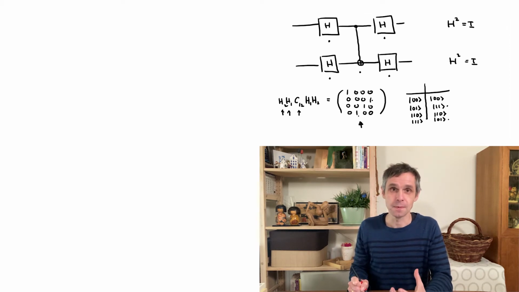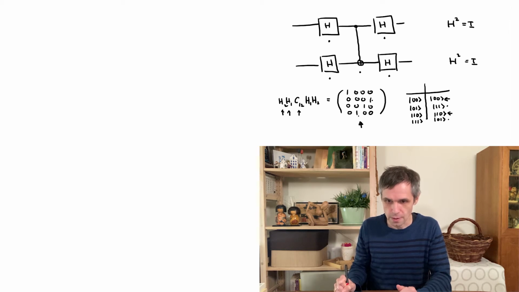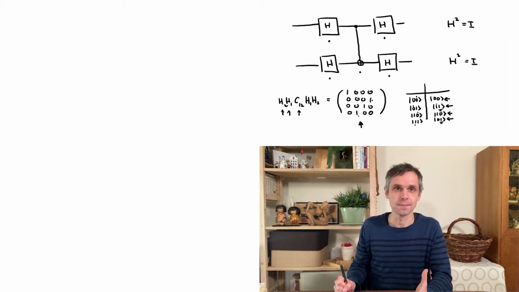And now we can have a look what this means operationally. And then we see that there are 2 states that have not changed. And what is characteristic about this is that in these, the second qubit was 0. And 2 states have changed. Namely, the first qubit has changed its state from 0 to 1 or from 1 to 0. Now this again happens exactly when the second qubit is 1.